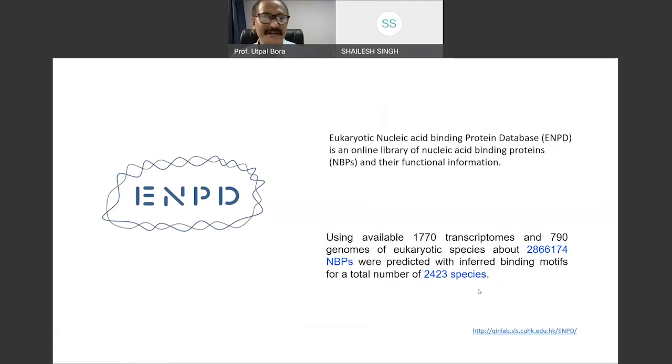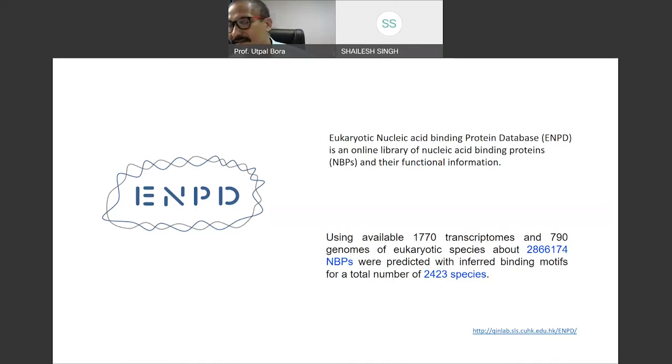Now let me go to another database, which is known as the Eukaryotic Nucleic Acid Binding Protein Database, or the ENDP. If you are interested, you can actually visit this site, which I am putting at the bottom. Here, the group used roughly 1,770 available transcriptomes in the database, and around 790 genomes of eukaryotic species.